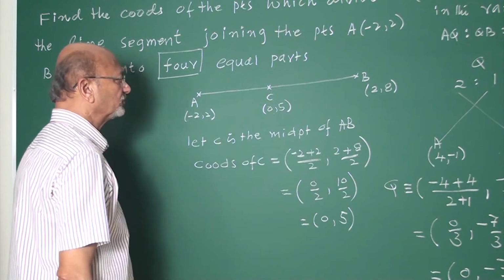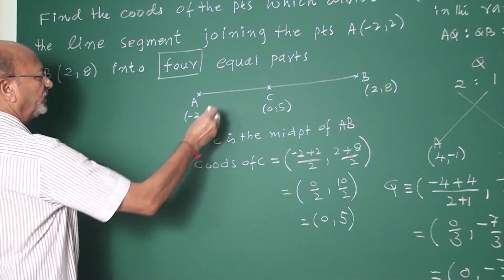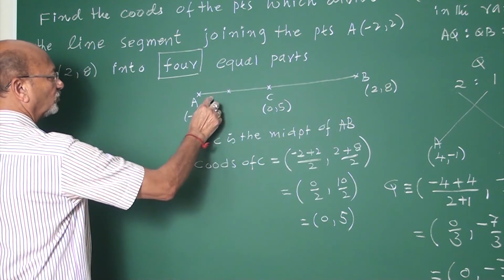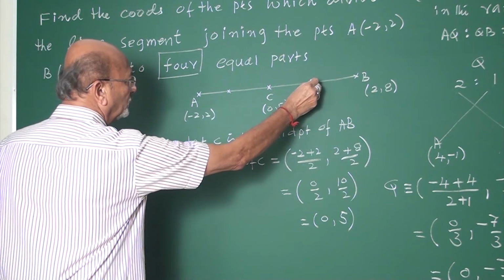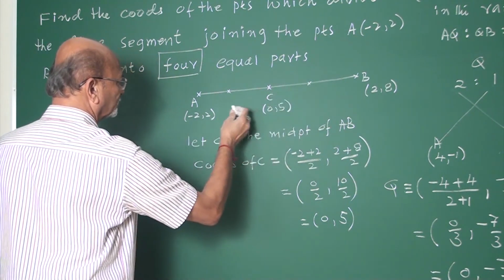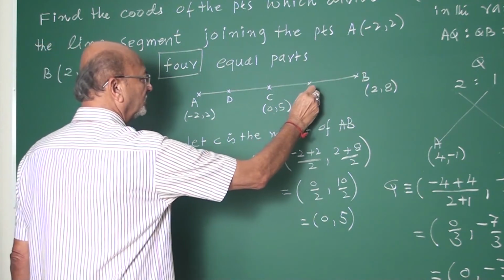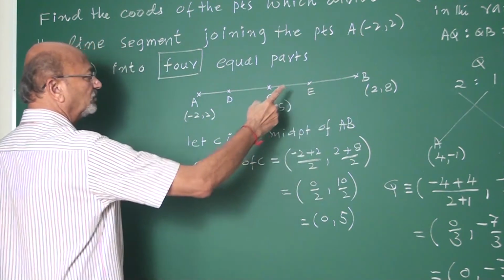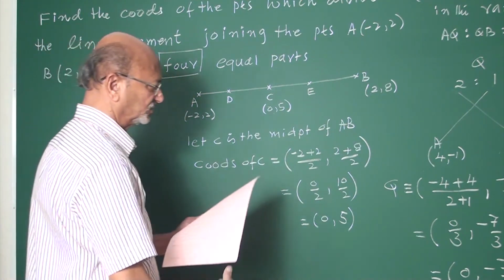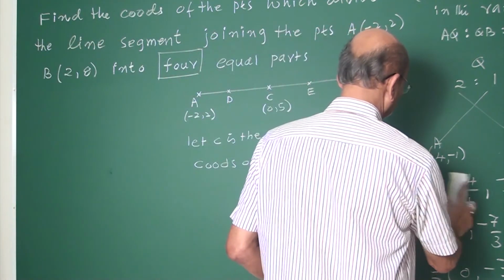You wanted 4 parts. If you take the midpoint, it is 2 parts, 1, 2. If you take the midpoint of each of these, 3, 4. So D is the midpoint of AC and E is the midpoint of CB.